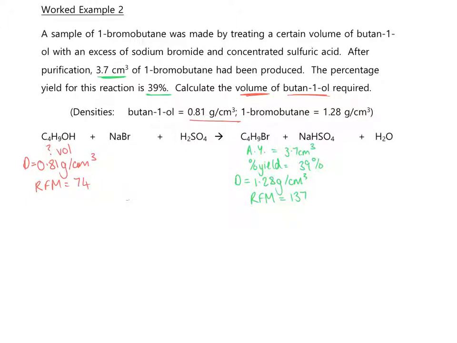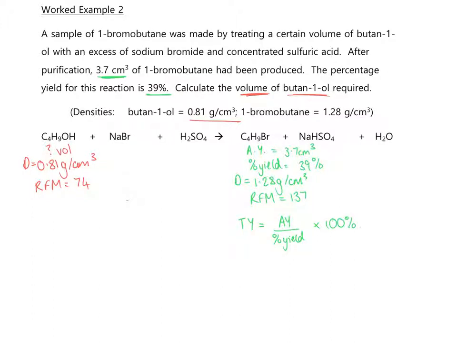Okay, we're ready to go now, and let's first of all work out our theoretical yield. So remember, back to step 1 on page 23, our previous page, is to work out the theoretical yield. We do that by taking our actual yield, dividing it by the percentage yield, and timesing by 100%.